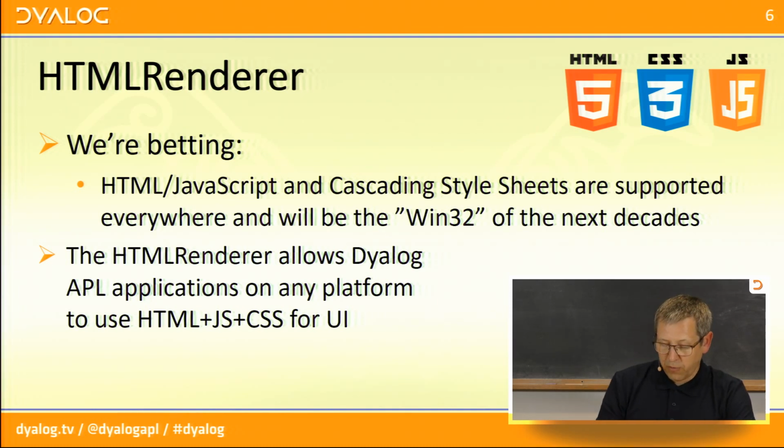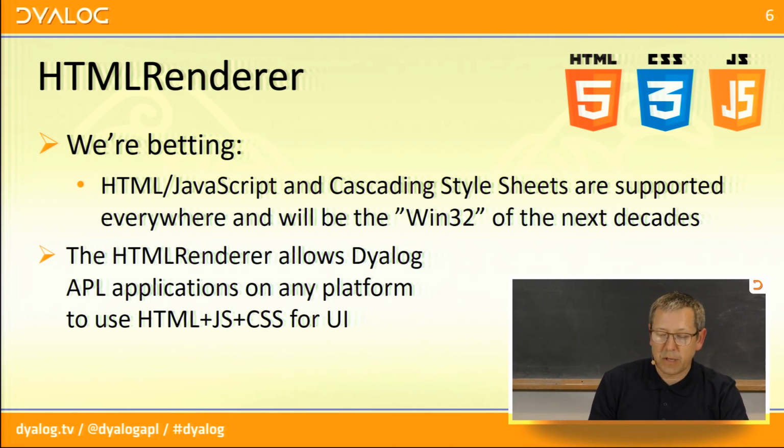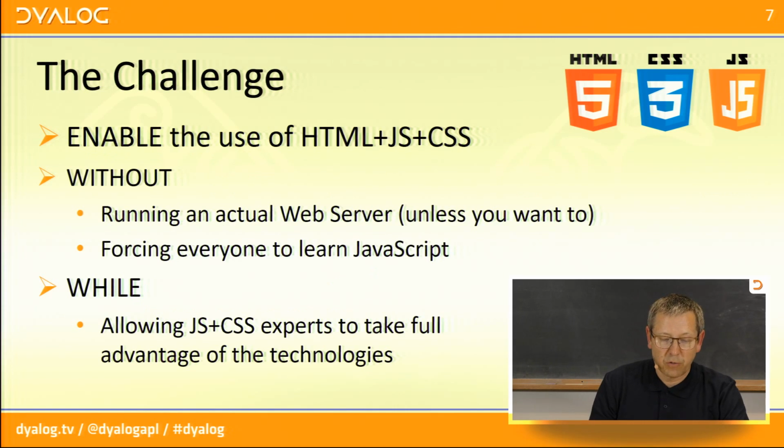And this HTML renderer component that we're adding is going to allow Dyalog applications on any platform to use the same code to generate user interfaces. And there's quite a significant challenge in designing this, because we want to make it easy to use these technologies in the same way that QuadWC made it very easy to use Win32, without understanding all the details of making those function calls.